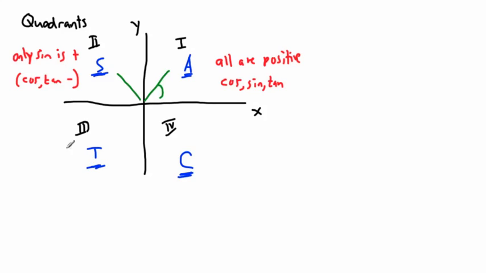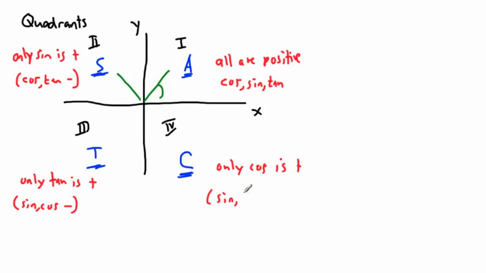Over here, I think you can guess how this goes. This one over here is only tan is positive. Here, only cos is positive. In other words, here, because only tangent is positive, the sine and cos are negative. And here, if only cosine is positive, then sine and tan are negative.